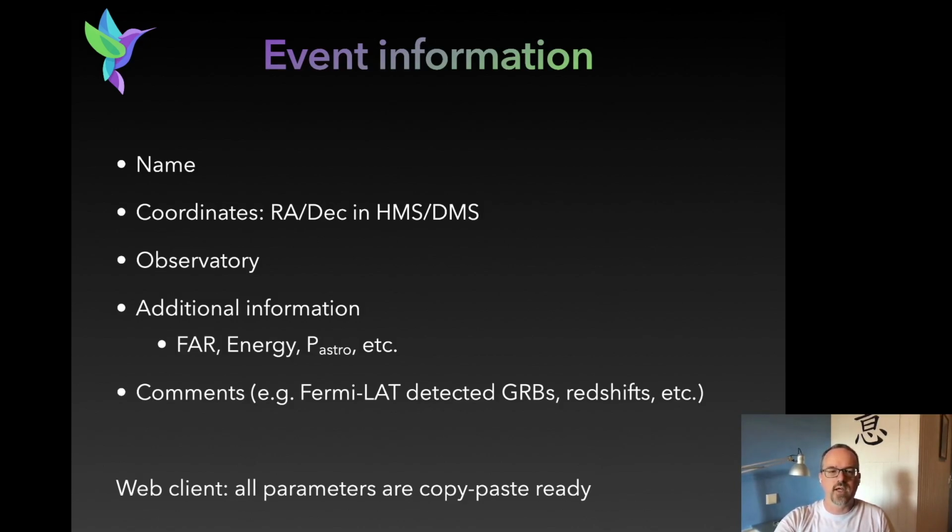And of course, we add comments, like if a GRB has also been detected by the high energy instrument on the Fermi-LAT satellite, or a redshift has been measured. All of these parameters we show are ready to be copied and pasted, so you can use them directly for informing colleagues or scheduling follow-up observations.